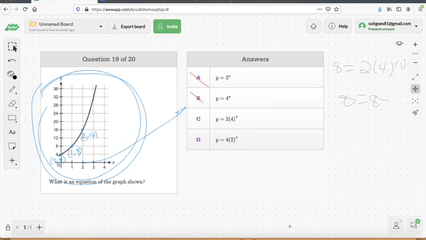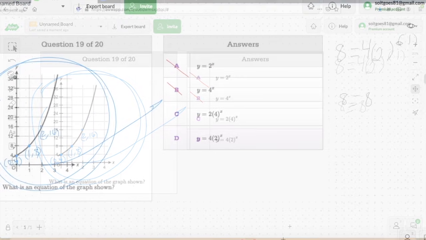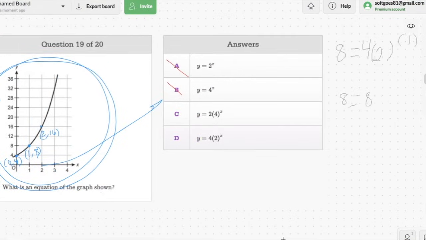That looks good. Let's keep C. And we'll try answer choice D. I'm not going to lie, D's looking pretty good too. Okay, 8 equals 8 there as well. So C and D both work.